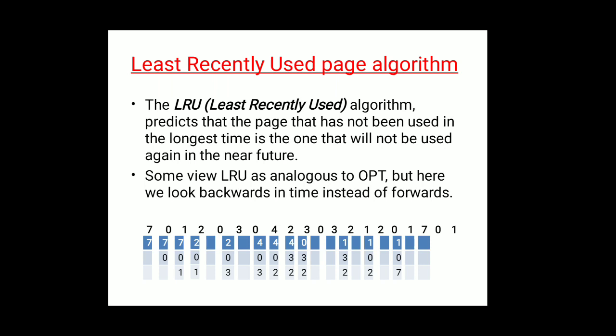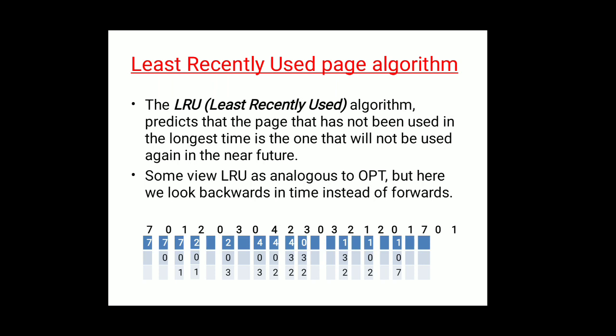Now coming to the page number 0. Page number 0 is already present, that is 203. So you don't have to get the page number 0 from the hard disk. So just simply retain it as it is, or you can leave it blank and mark it as a page hit.